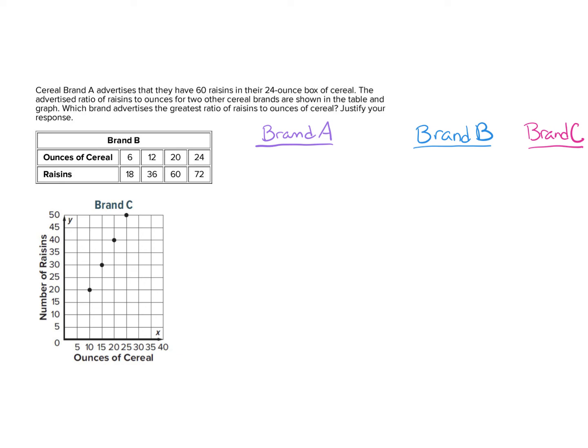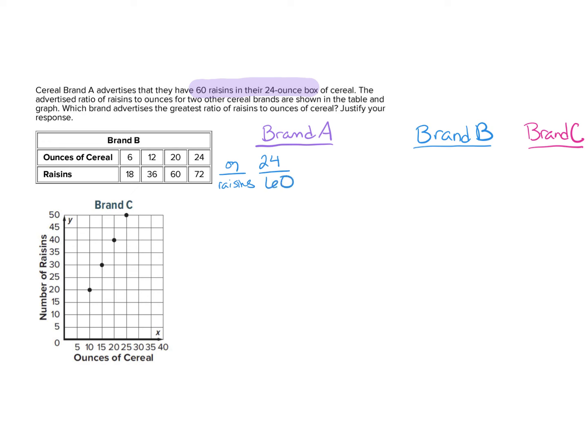You can pause anytime if you need more time to set things up. Okay, so in brand A, we have 60 raisins in 24 ounces. And I said I was going to put ounces on top, so that's 24 ounces on top, raisins on the bottom, and that is 60.